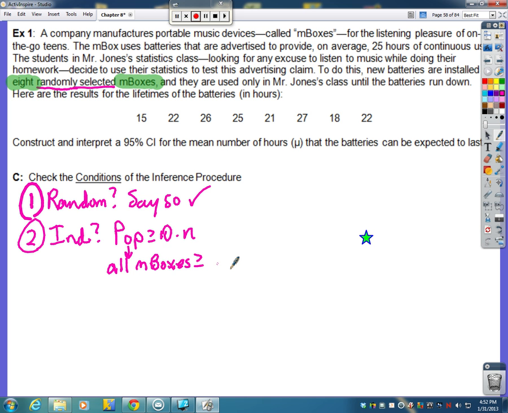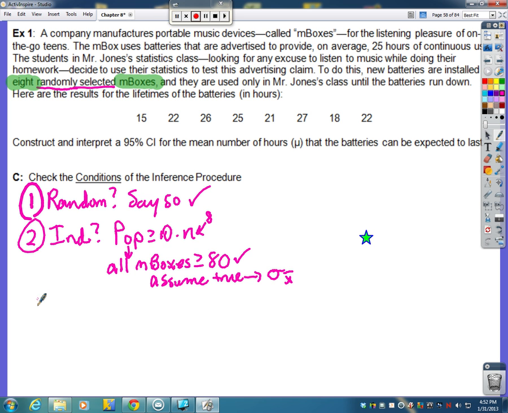Is that greater than or equal to 10 times 8, which is 80? Can we assume that there are probably more than 80 M-Boxes? Yes. So we will assume true. Therefore, we may later calculate the standard error, or the standard deviation of our statistic.